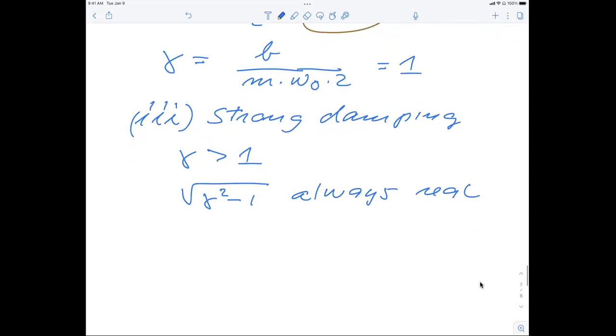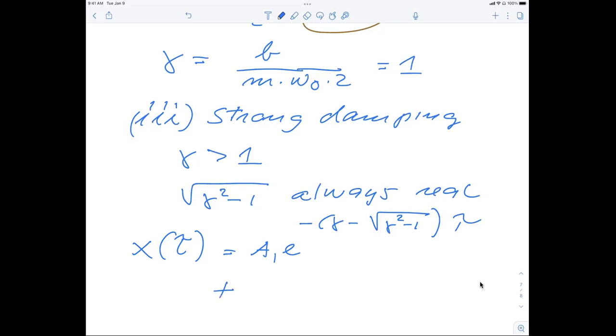And the solution when we plug it in is now given by two terms which will compete with each other. There's an A1 of an E minus, and then we have a gamma minus a gamma squared minus 1 times this dimensionless time tau. So this is an A1 plus a new parameter A2, which is again defined by the initial conditions, of E to the minus gamma plus gamma squared minus 1 times tau.